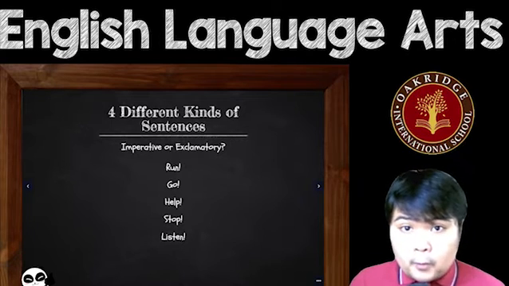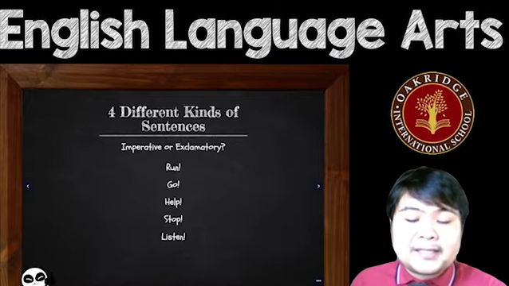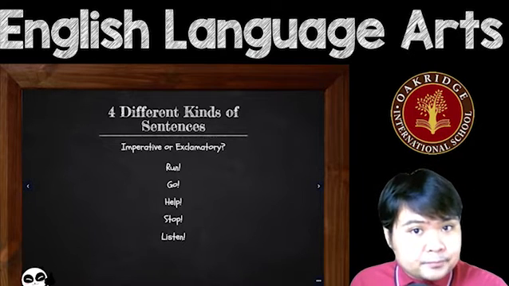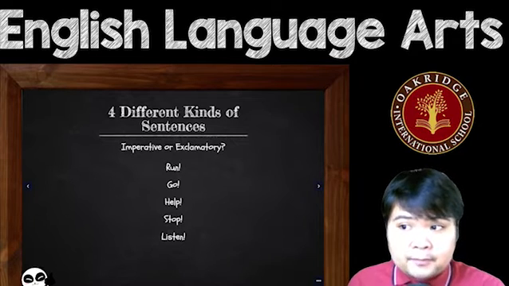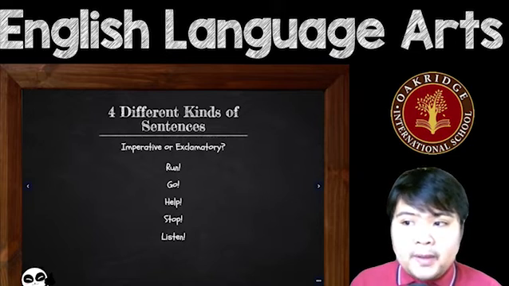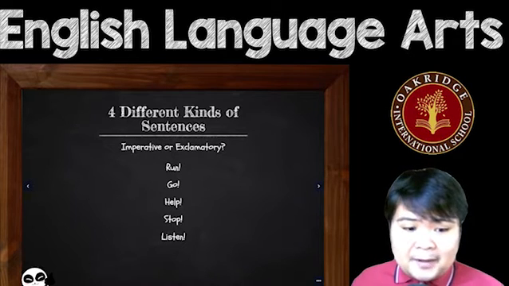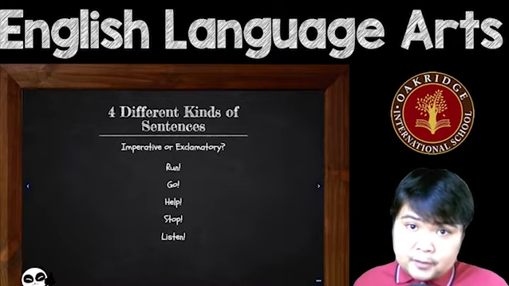Run, go, help, stop, listen. These are imperative sentences. Don't forget, even if they end with an exclamation mark, because there are times when you can give a command or request with a lot of emotion, with a lot of force.